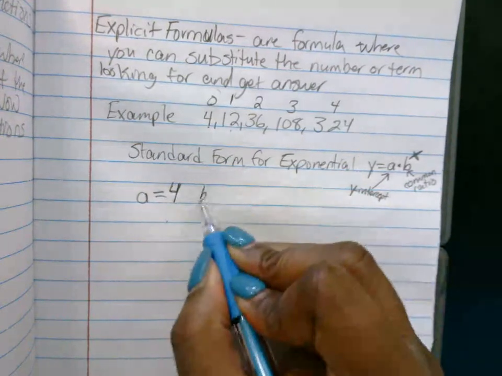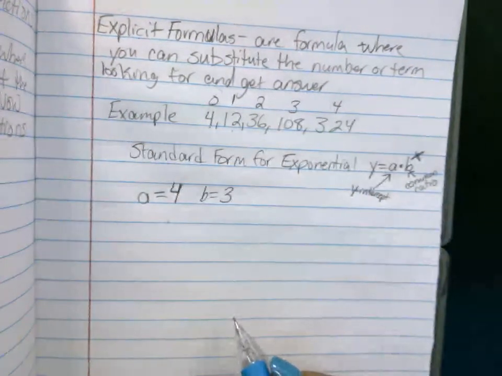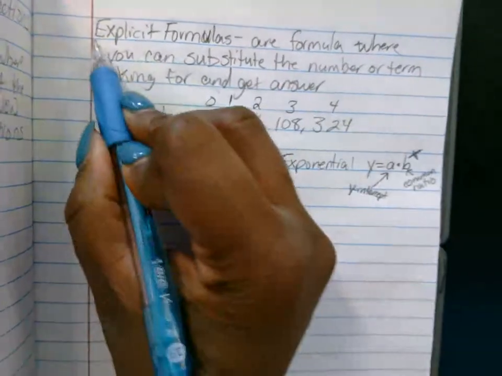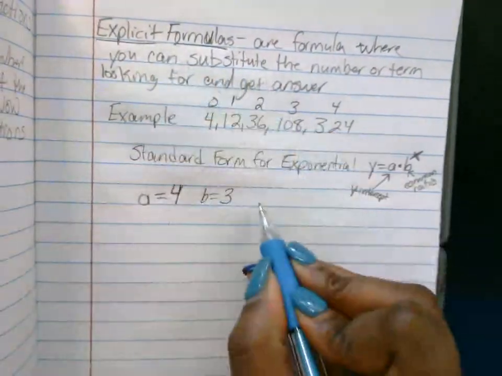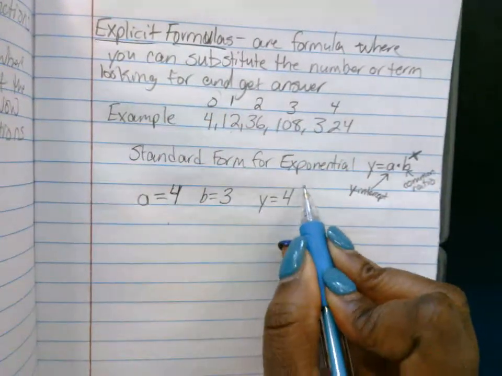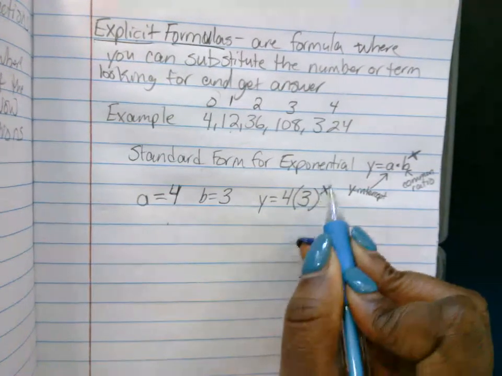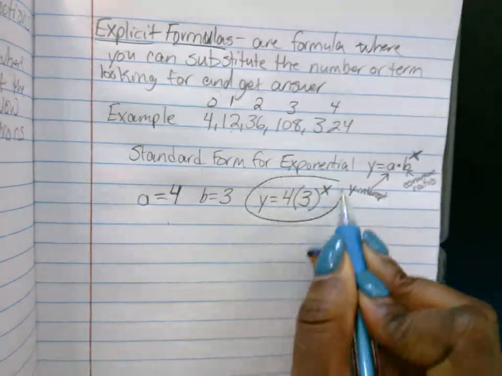I'm multiplying by 3 to get the next number. So then how do I write the explicit formula for this example? Y equals 4 times 3 to the x power. This is the explicit formula.